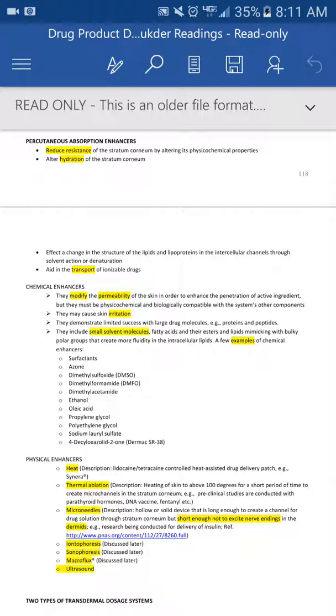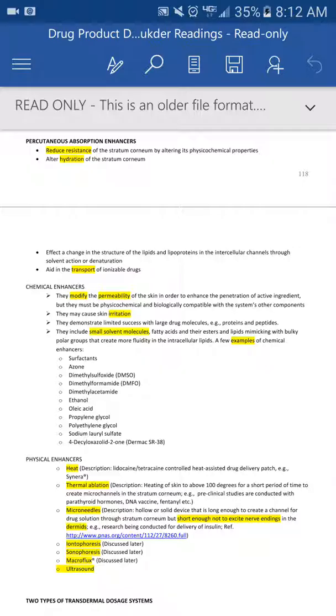But let's keep going. Alter hydration of the stratum corneum. If you hydrate the area, you increase the absorption. It's better diffusion, I guess you could say. Osmosis is a lot easier. So in a way, water acts like a vehicle of its own, or just hydration in general.